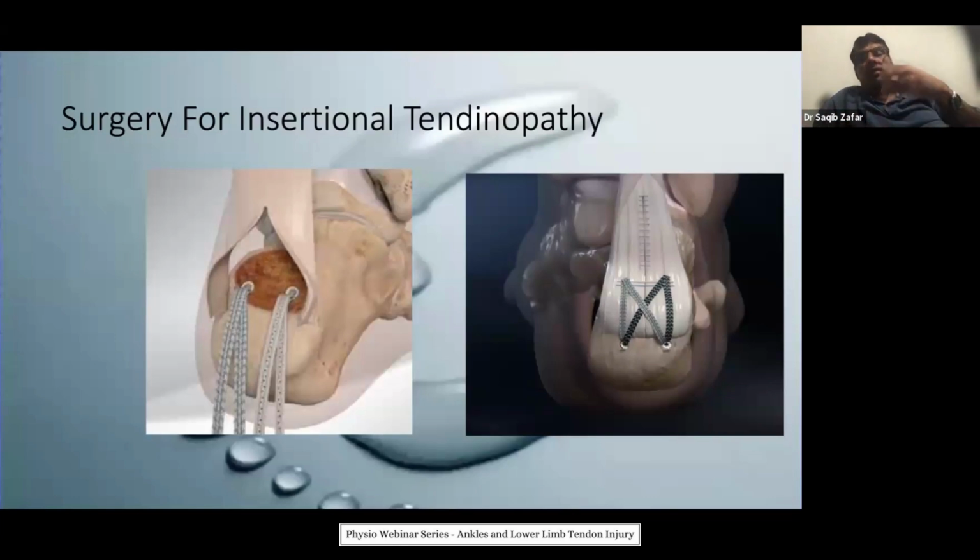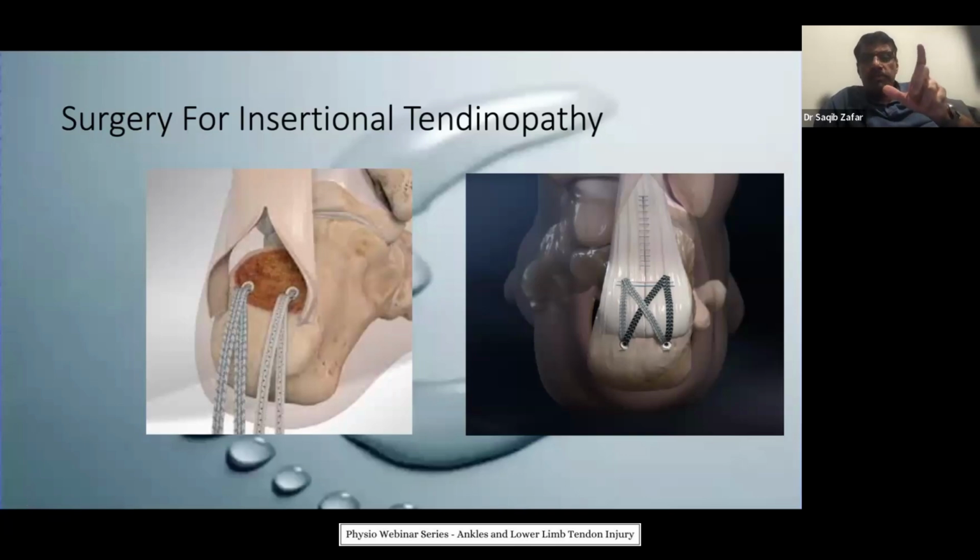And also you have to put some hardware in there, and that hardware can sometimes cause irritation. The vascular supply to the skin at the back of the heel is not very great, particularly in diabetic people or people who have got some previous vascular issues. And also, there's not enough skin to play with at the back of the calcaneum.